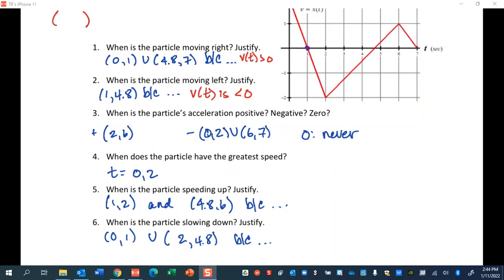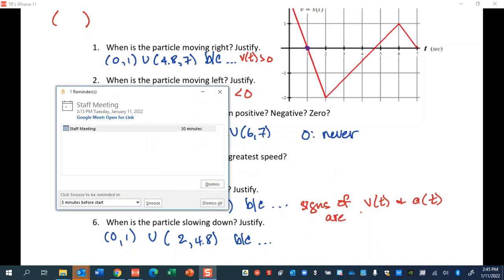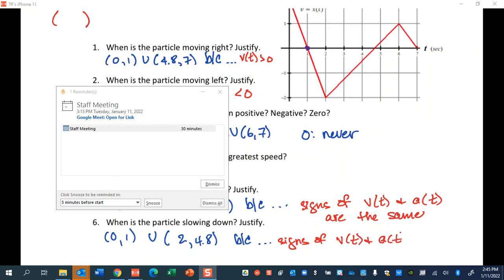The greatest speed, okay, here the because, it is speeding up because the signs of the velocity with respect to time and acceleration with respect to time are the same. Here we have because the signs of velocity with respect to time and acceleration with respect to time are different. Does that help? Awesome, thanks for asking.